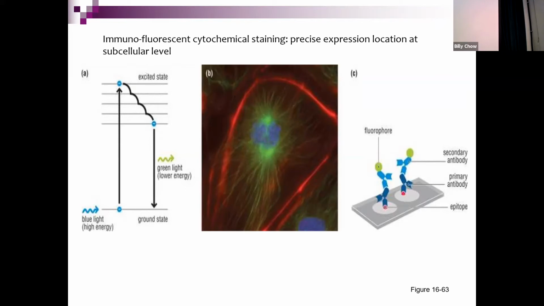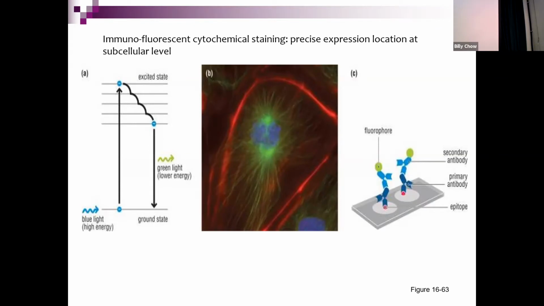Basically the idea is that you use a high energy light, in this case a blue light, to excite the fluorophore to an excited state, and from there it relaxes and emits a lower energy light, in this case a green light, back to the ground state.